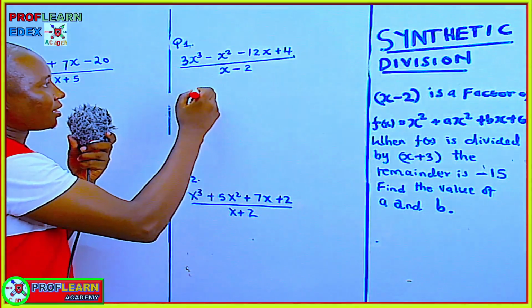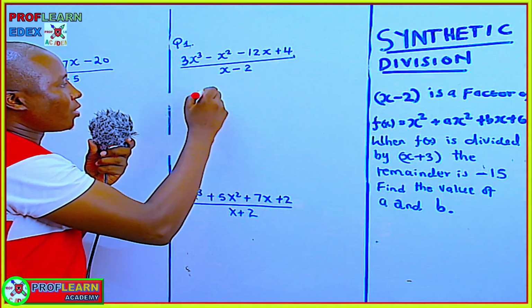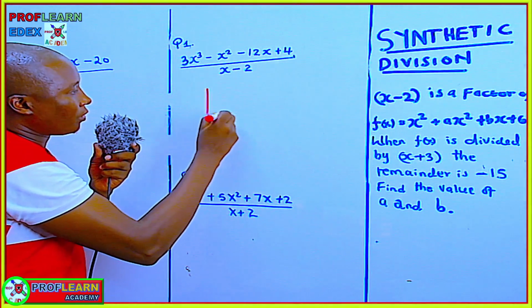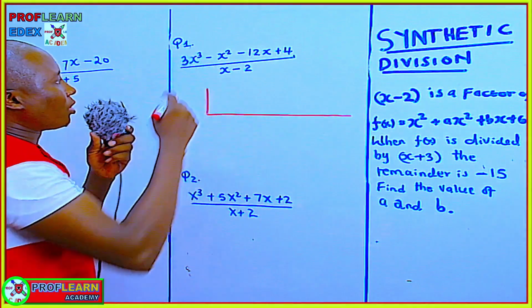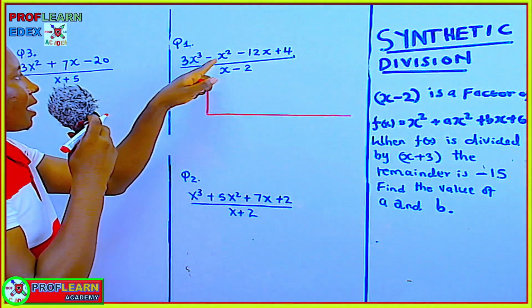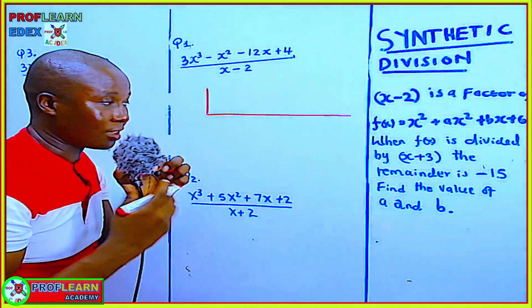Now, the first thing that we need to identify is that when you are doing synthetic division, we are going to draw this symbol like this. We are going to take the constants that appear in each of the terms here together with their signs.